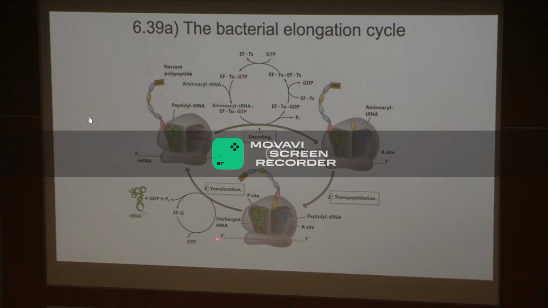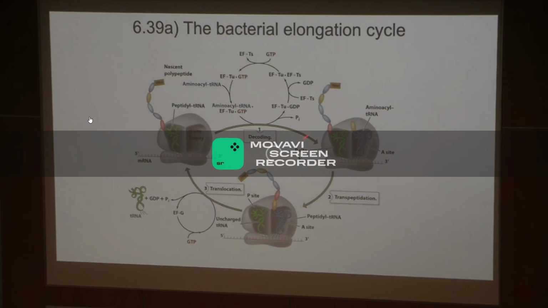So translocation, movement of the ribosome along the messenger RNA, needs to occur, and that is facilitated by another GTPase called EF-G. EF-G binds to the ribosome in its GTP-bound form and then hydrolyzes GTP. That induces a conformational change which pushes the ribosome down the messenger RNA.